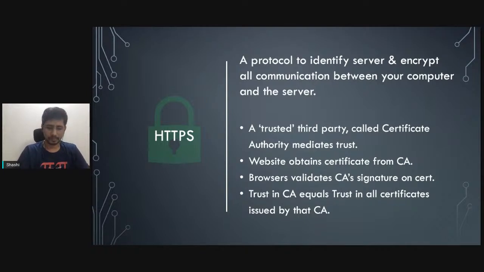So these two are both very much required and are different things. And HTTPS does two different things to establish both of them. Let's talk about identity first. The identity of a server is established using a third-party intermediary called a certificate authority.